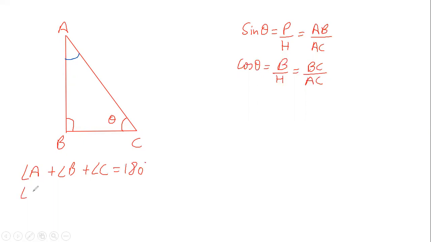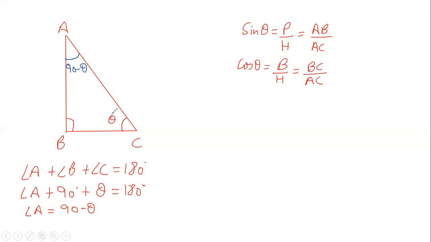Angle A I need to figure out. Angle B is already 90 degrees, and angle C I have assumed to be theta. So from here we get angle A as 90 minus theta.